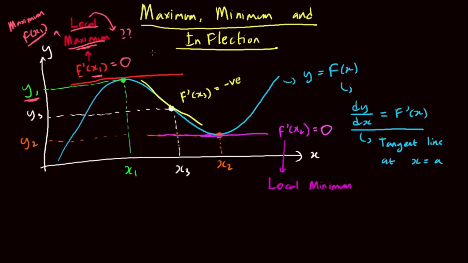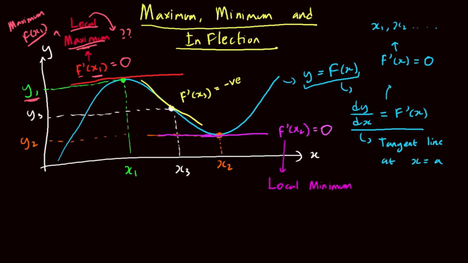We do not know how many maximums this function has. One of the ways to find the maximums of the function is to find where f prime x is equal to 0. Then obviously you'll have many answers, and one of them will involve x1, x2, and maybe other values we don't really know.